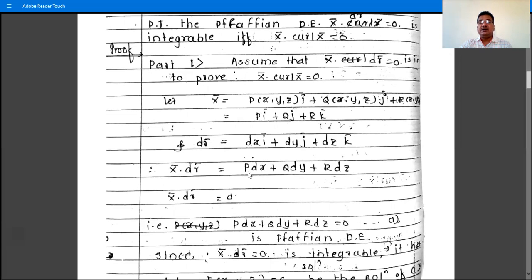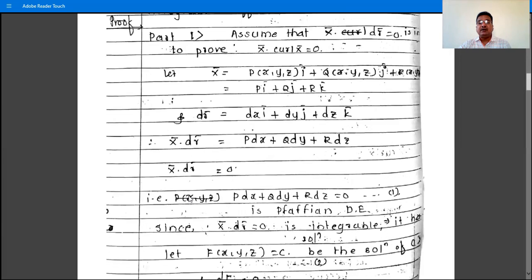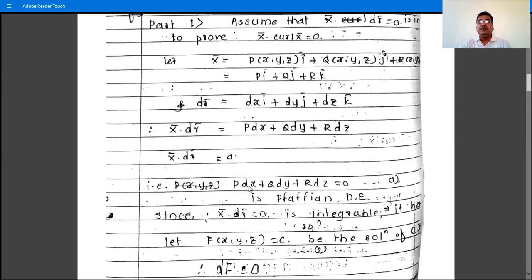Then x bar dot dr bar is p dx plus q dy plus r dz is equal to 0. So this is the vector form of this equation: x bar dot dr bar is equal to 0 means p dx plus q dy plus r dz is equal to 0.